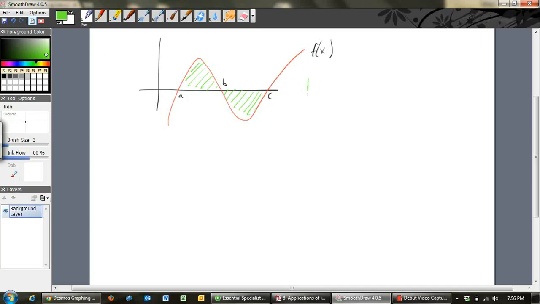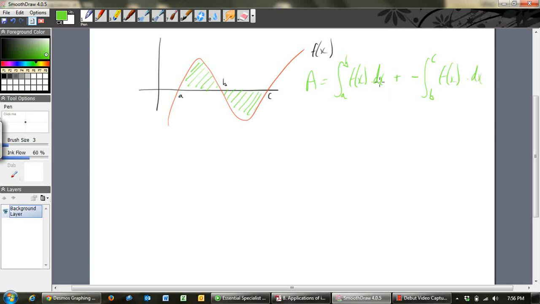Then your total area will be the integral from A to B of f of x dx. In other words, you'd have to break it into pieces, because you've got that area there plus this area here. What is that area there? Well, it's negative the integral from B to C of f of x dx.